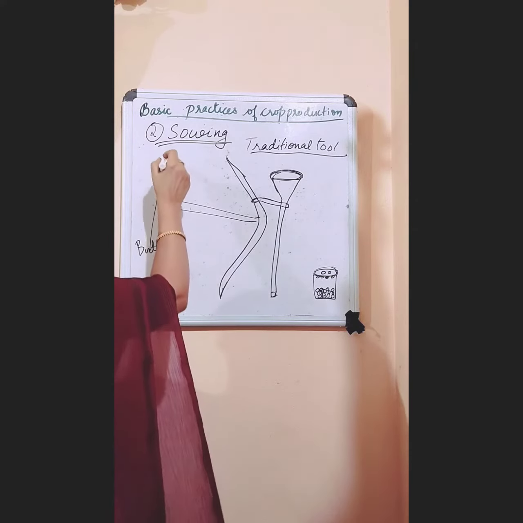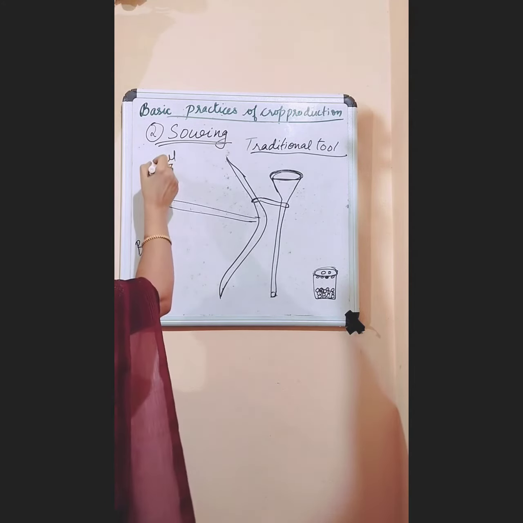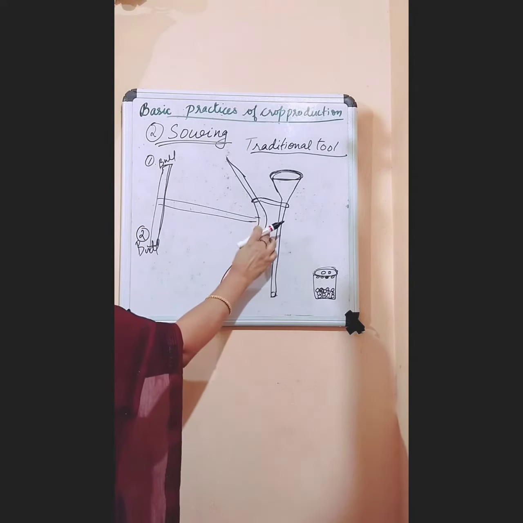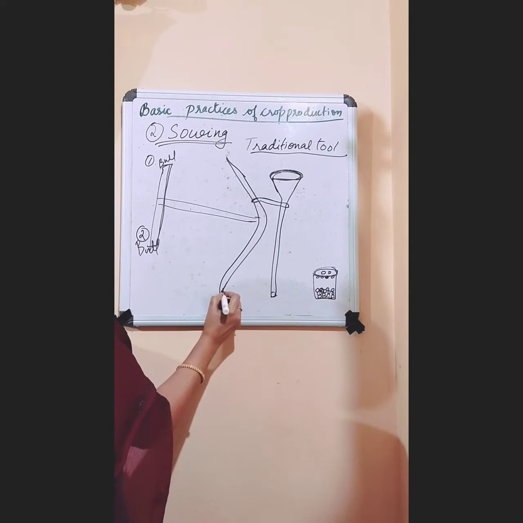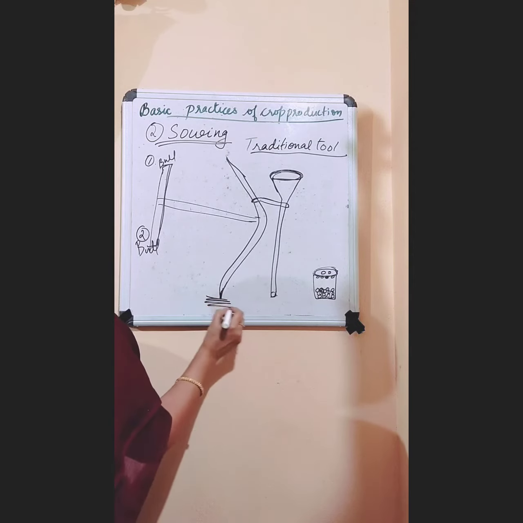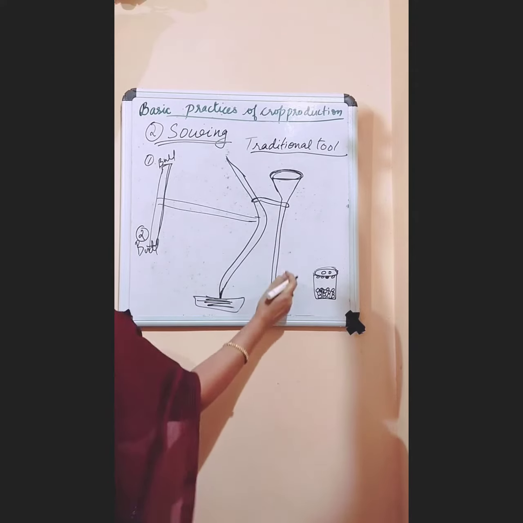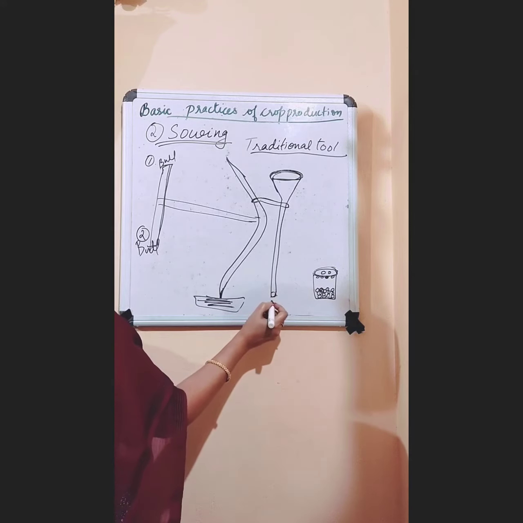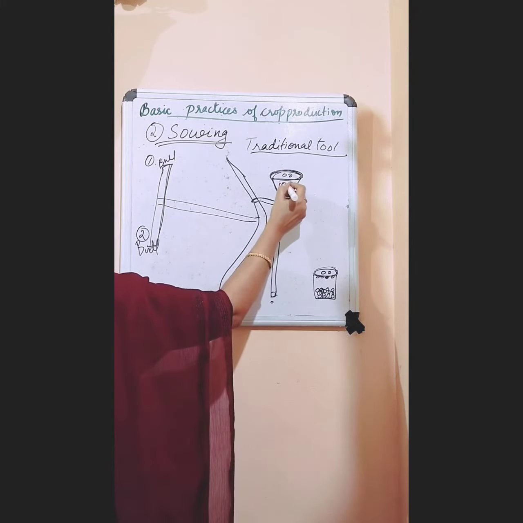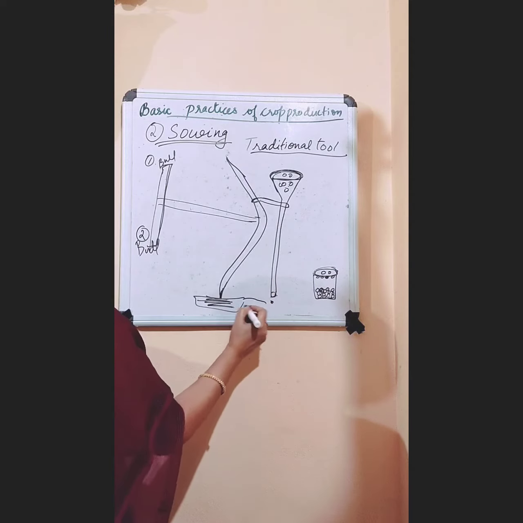The beam of the plow is attached to the necks of the two bulls. One bull here, the second bull here, and the plow is attached. This part, the plowshare, will till the soil when the bulls move. Then farmers put the seeds in the funnel shaped structure, and they come down through the pipe and fall into the soil.